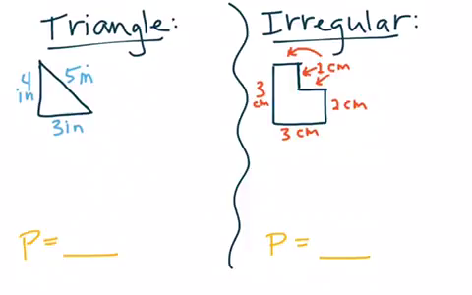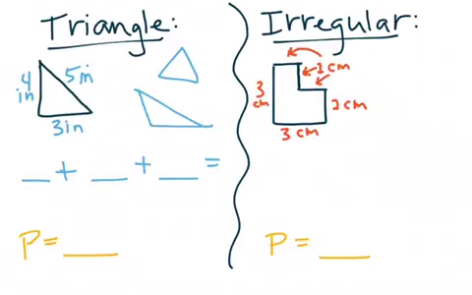Final 2 examples that we're going to look at today is looking at a triangle. So this one's a little different than our quadrilaterals because we only have 3 sides. And remember, you could have different looking triangles. So you could have a triangle that's an equilateral triangle. You could have a triangle that's your scalene triangle. You're still adding all 3 sides together in order to find your perimeter of those shapes.